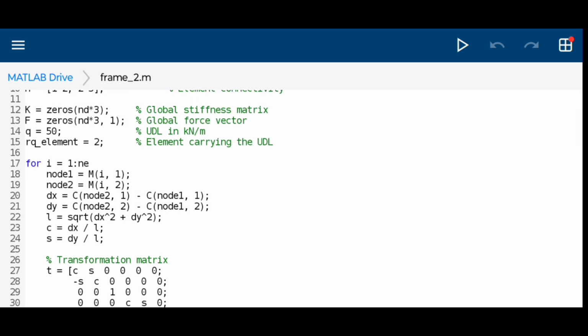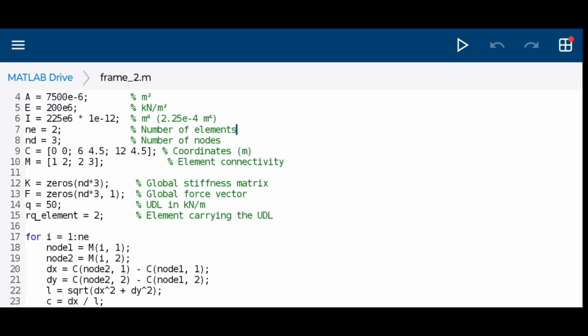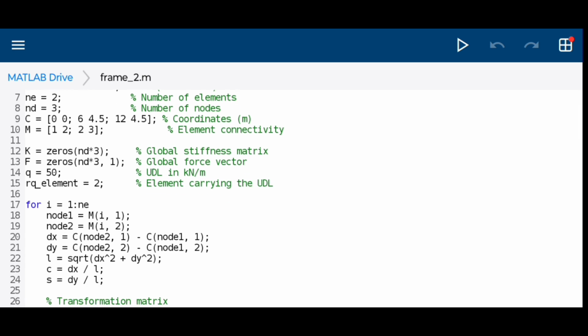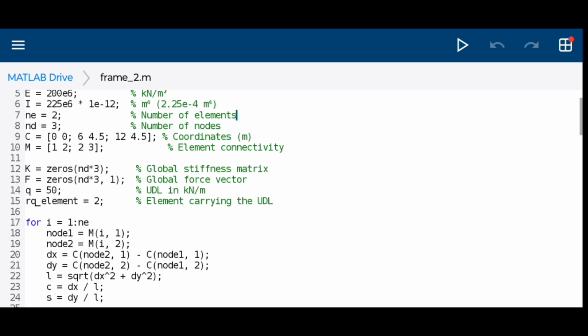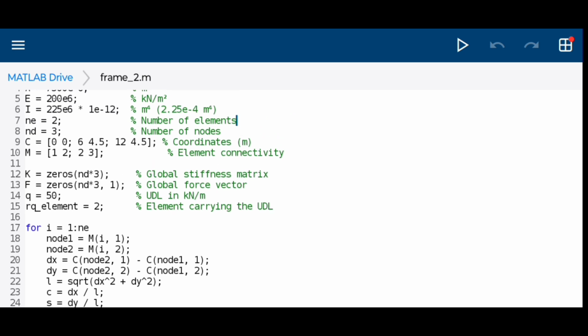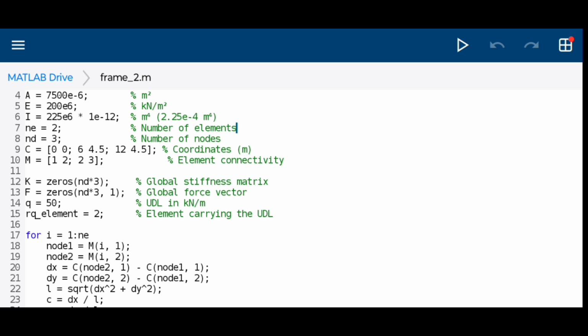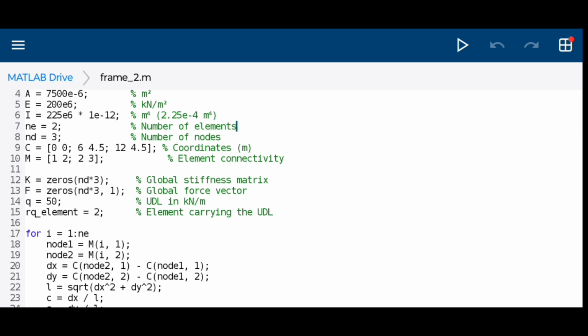As we have already got the element number and node number, from the node number and the coordinates we will get dx and dy. So node 2 is at 6, 4.5, minus node 1 at 0, 0: 6 minus 0.